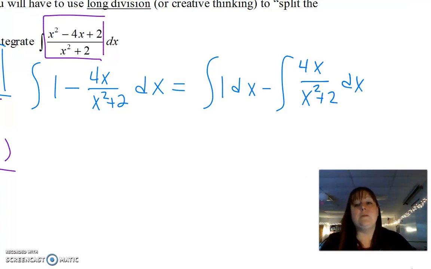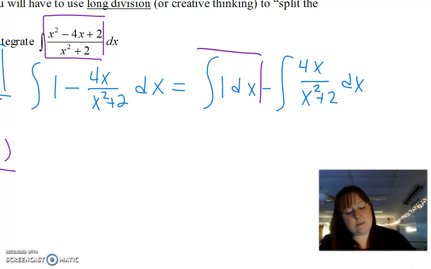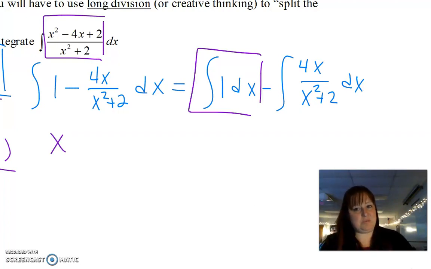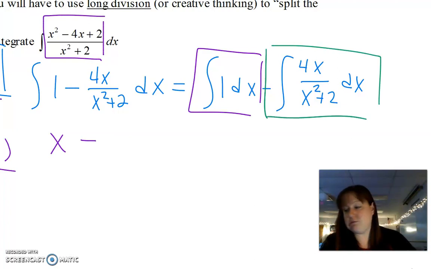Okay, then I can integrate. And first, I'm going to integrate that. That's easy, right? That's just x, okay, plus c, but we're going to tack on a plus c anyway. Minus, and then here's the one that's a little more challenging to integrate. We're like, ooh, how do I integrate that? Well, we're going to do a u-substitution again.